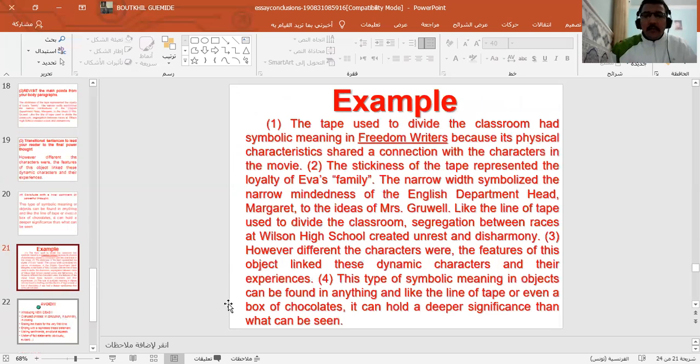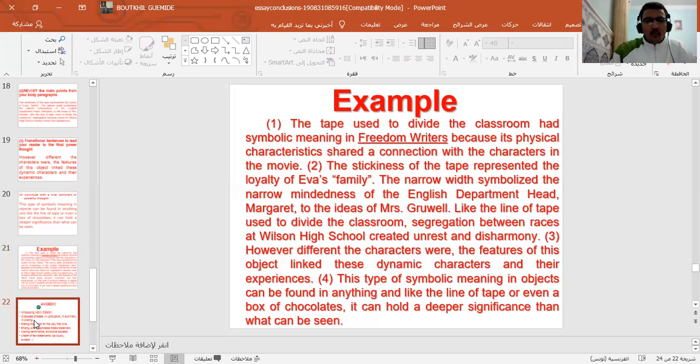So as you see here, all the sections representing the format of the essay conclusion have been respected. Number 1 is restatement of the main thesis. Number 2, summary of the main ideas. Number 3, transitional sentence to our final word, and then our final word representing our powerful thoughts.